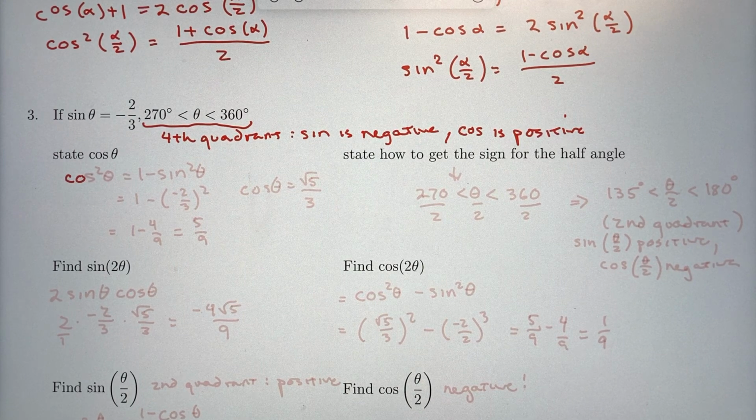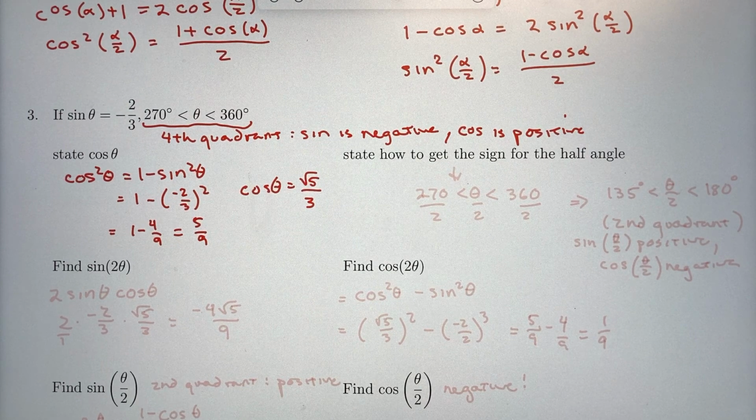How do you get cosine? Well, you can draw the picture. You can also just use the identity now. Cosine squared is 1 minus sine squared.